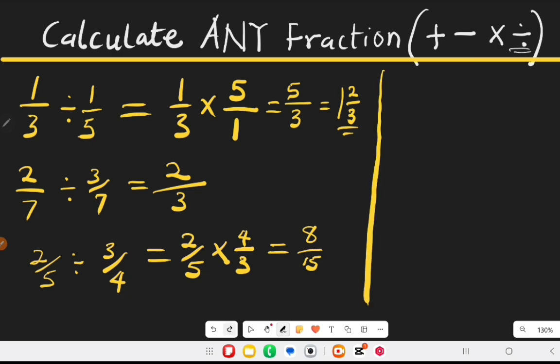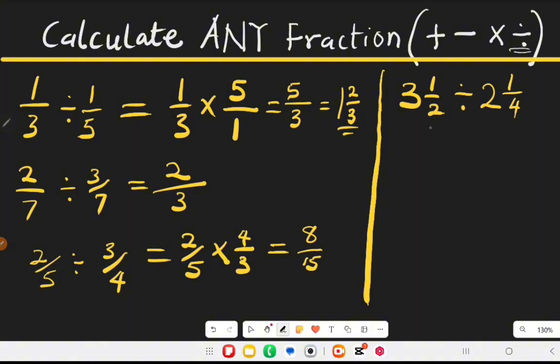Now we take division of mixed numbers. If I have 3 whole number, 1 over 2, divide by 2 whole number, 1 over 4.